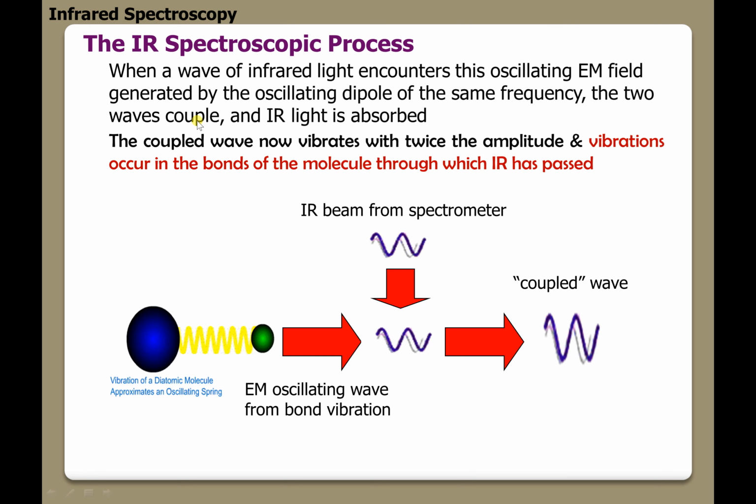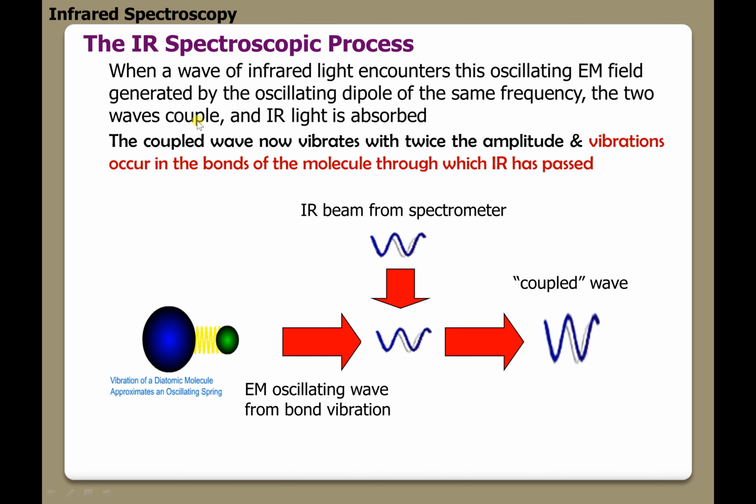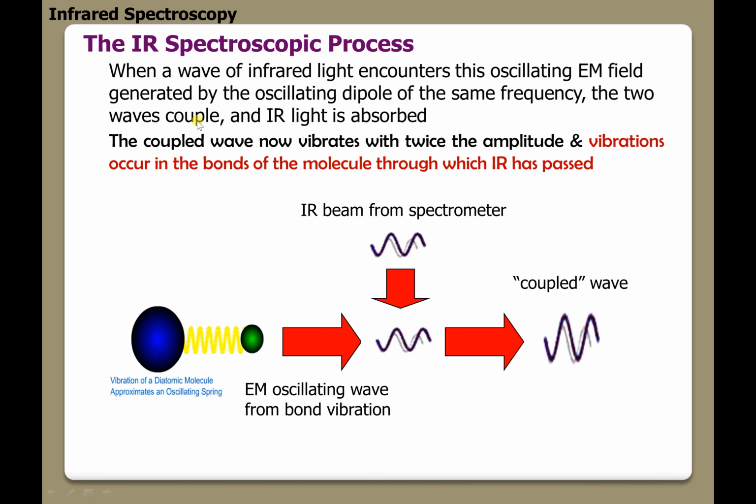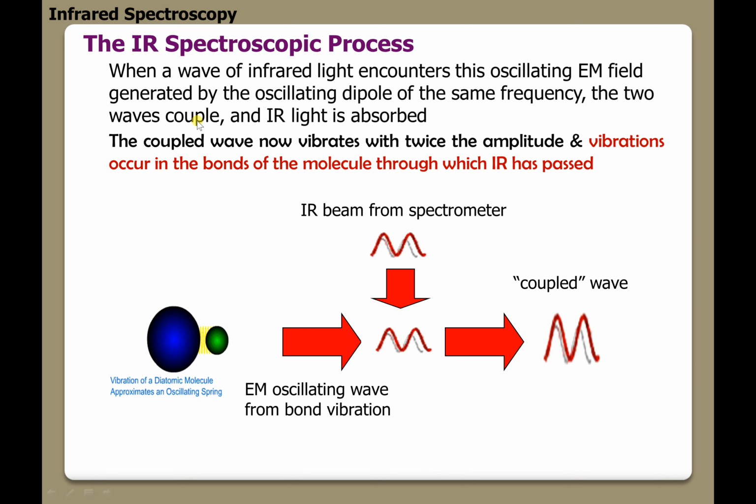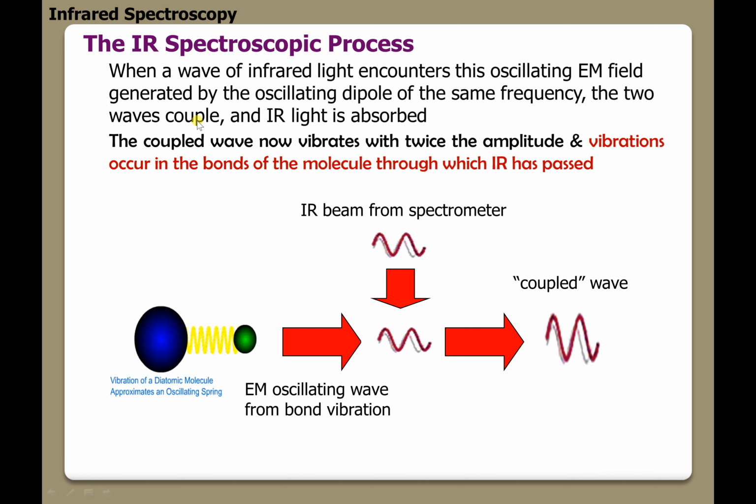So some electromagnetic field is produced, and the IR radiation is also falling on that, and when both of the frequencies match, then they couple, and the coupled wave now vibrates with a double amplitude, and they sum up.